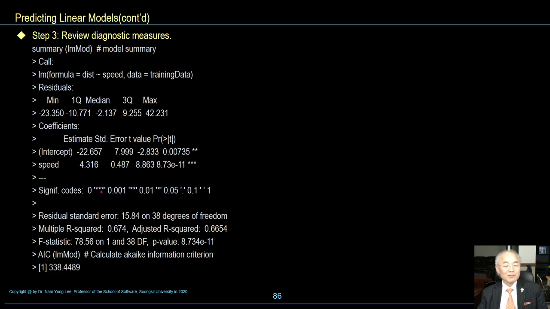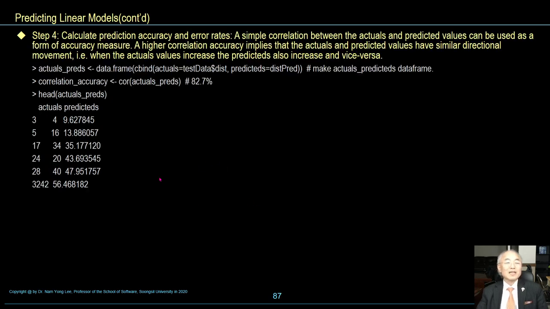Level of significance, R squared, adjusted R squared, F statistic, p-value, AIC. Fourth step is to calculate prediction accuracy and error rate.